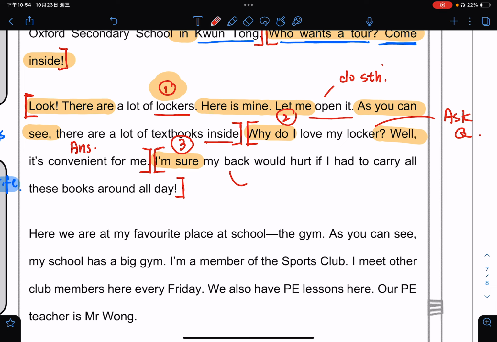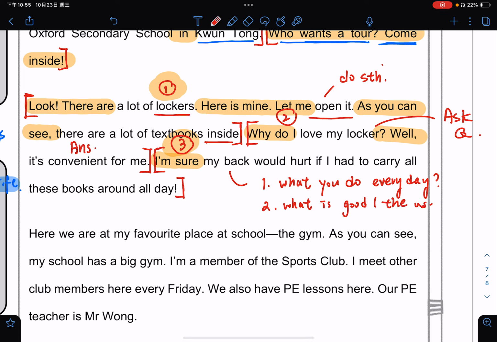So in the third part, you talk about what you do every day in the school facilities. And number two, what is good or what is the use of the school facilities?